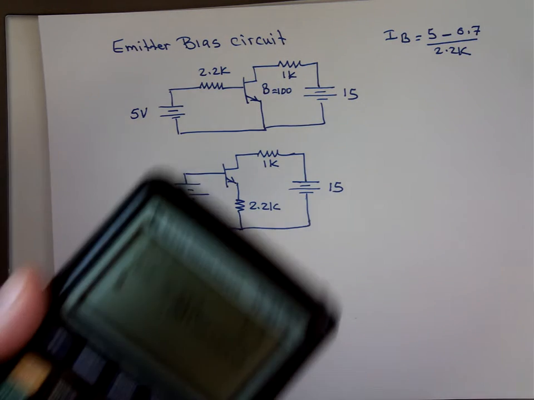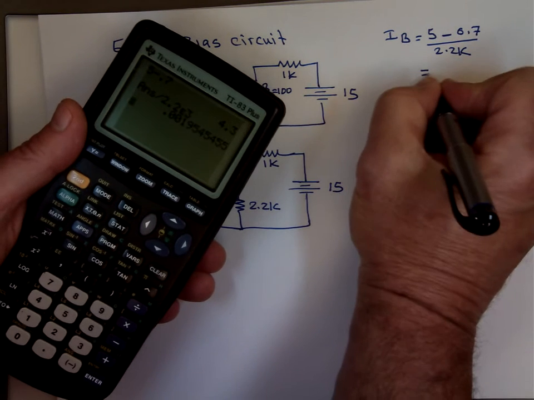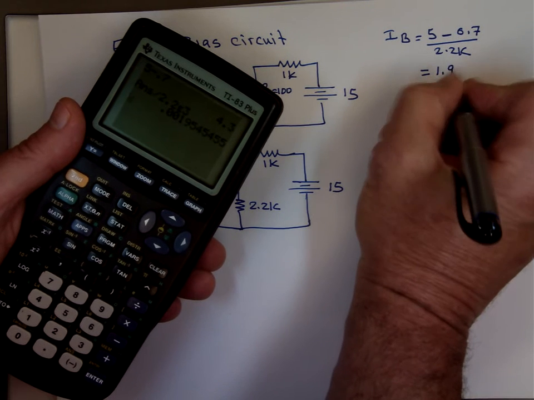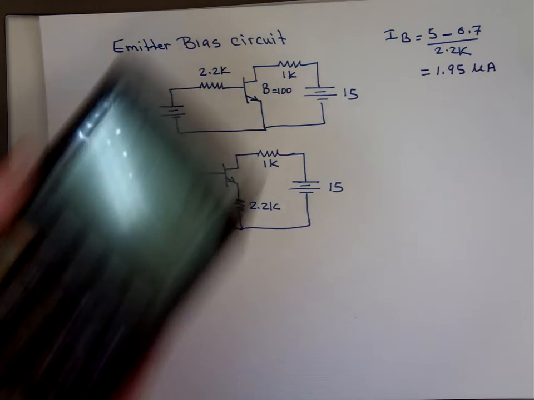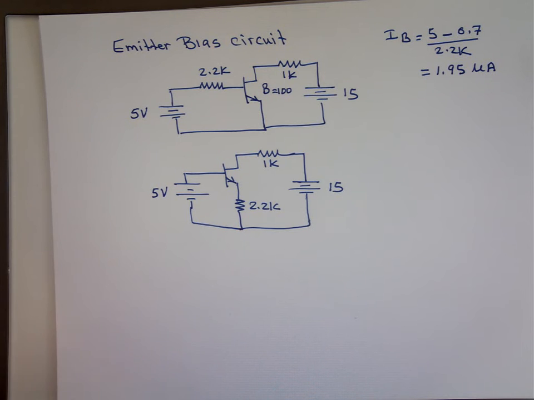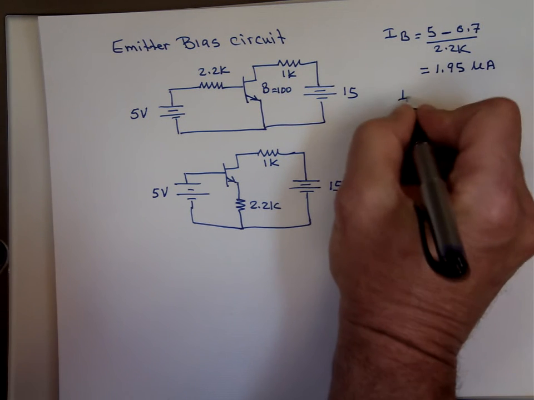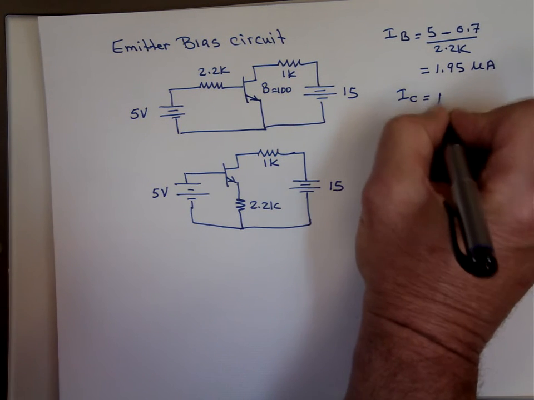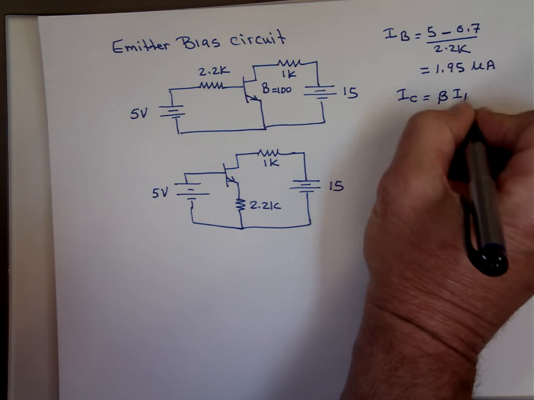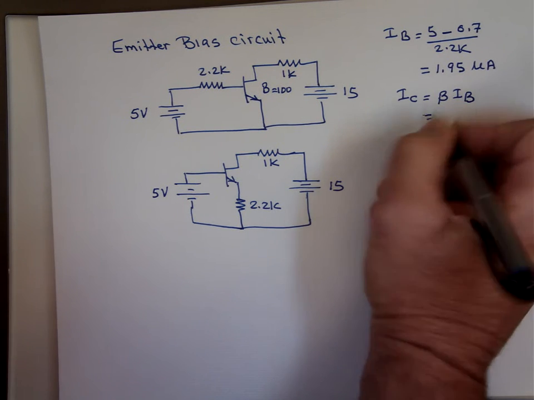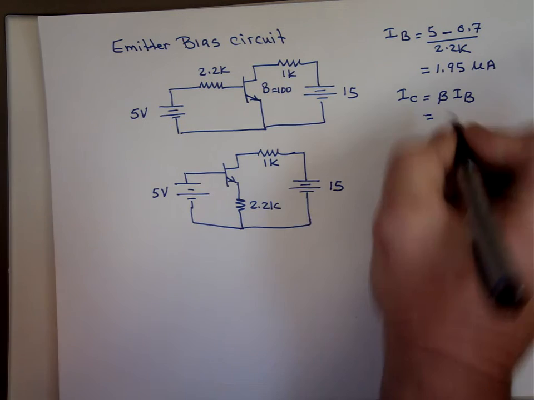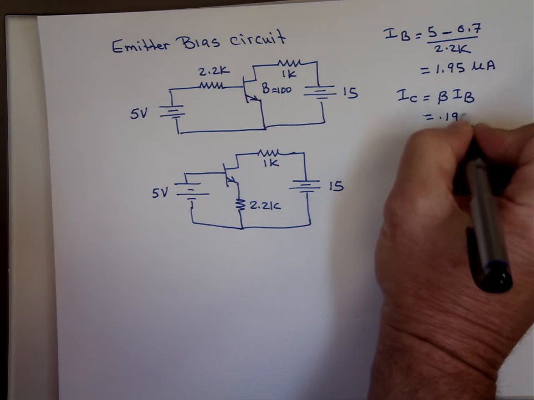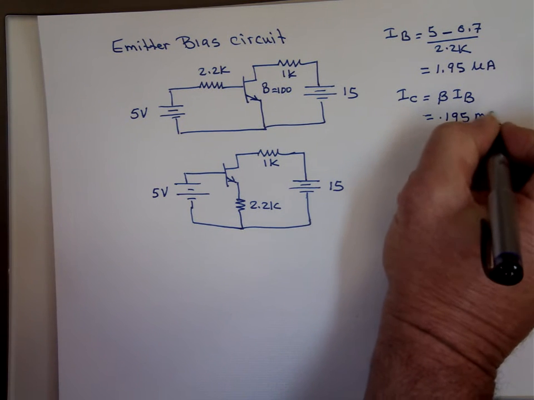And my calculator says I sub B is going to be 1.95 microamp. What's I sub C going to be? Beta times I sub B, so multiply that by 100. And that's 0.195 milliamp. That's for the top circuit.